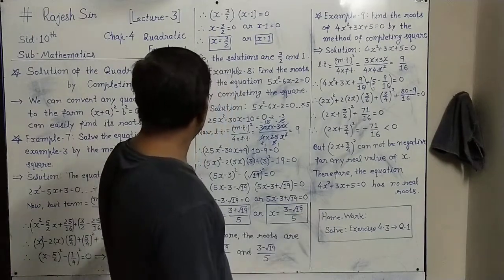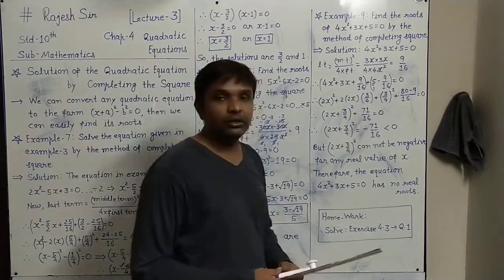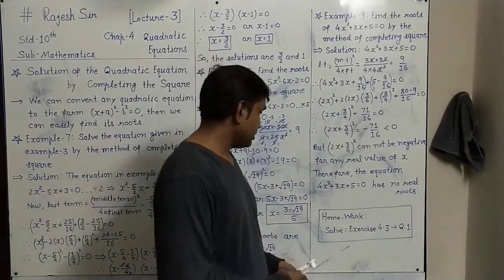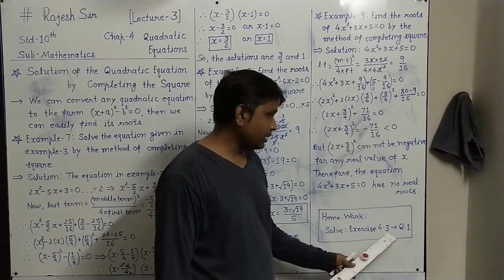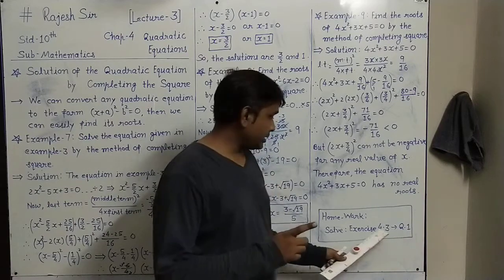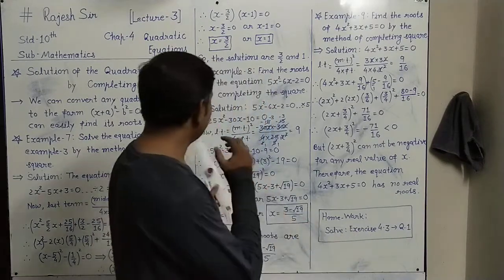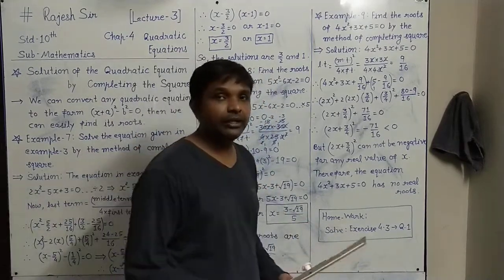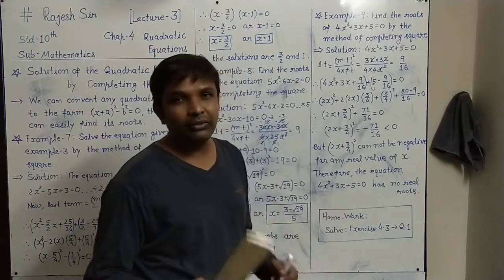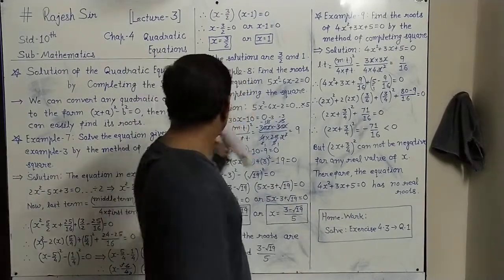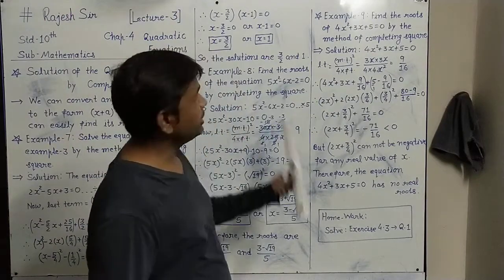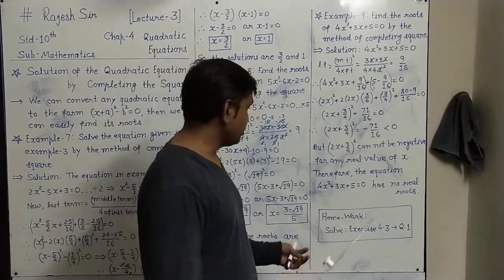Now the same type of completing square method is used for finding the solution. Questions are in exercise 4.3, question number 1 has this type of problems in which you are asked to find the solutions of the given equations by the method of completing square. And the method of completing square we have understood here in 3 examples, how to apply.